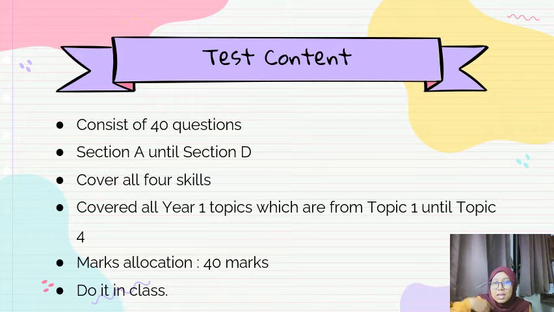So I need to calculate it by taking the total number of marks that the students have got, and then divide it by 40, and then times 100, then they will get the final mark for the students.